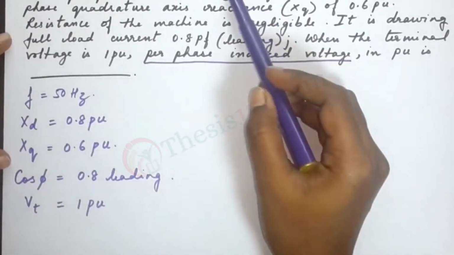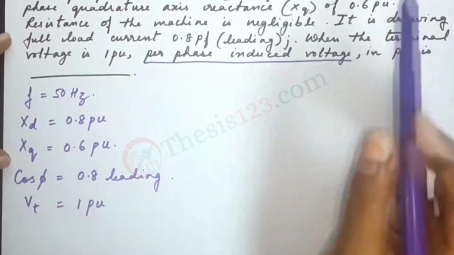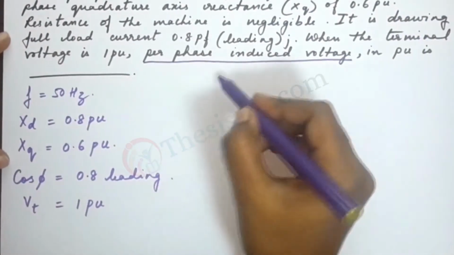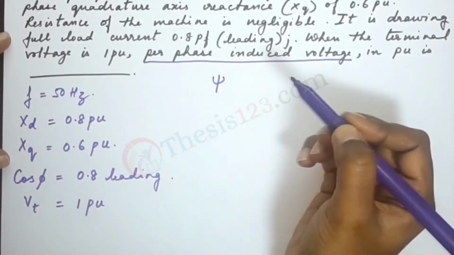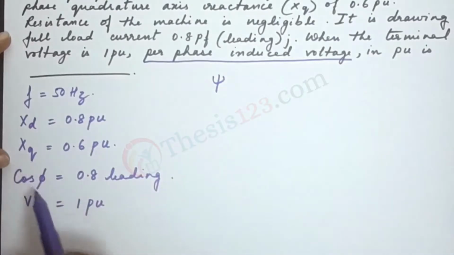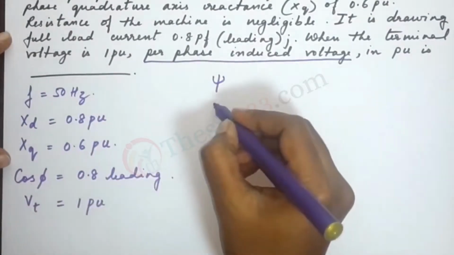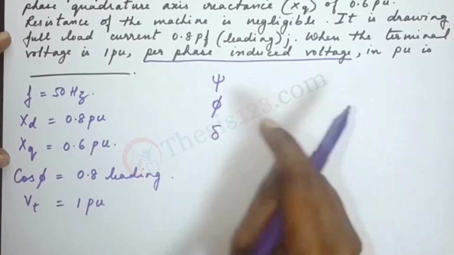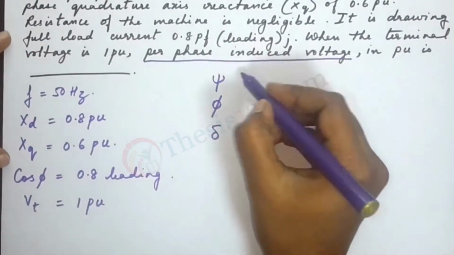Now when the question says salient pole synchronous motor, there are a couple of other terms that you have to remember and note. The angles psi, phi is what we already have. Let me note that down as well. Phi and delta. These three angles are quite important.